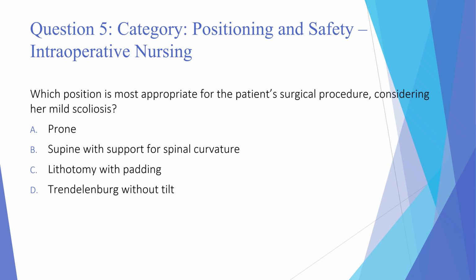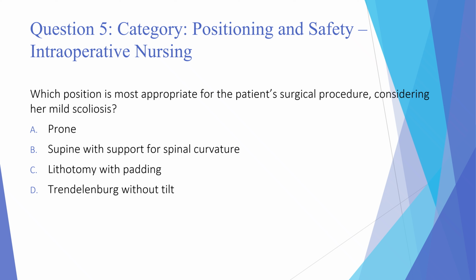Next, positioning and safety. Safety again with positioning. Which position is the most appropriate for the patient's surgical procedure considering mild scoliosis? Spine prone, supine with support for spinal curvature, lithotomy with padding, or Trendelenburg without tilt.